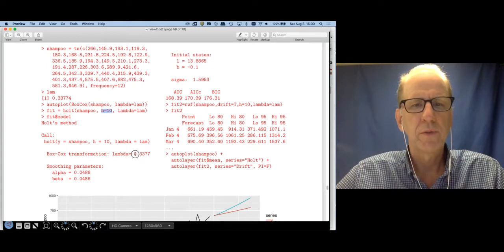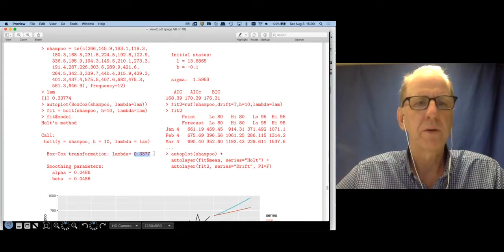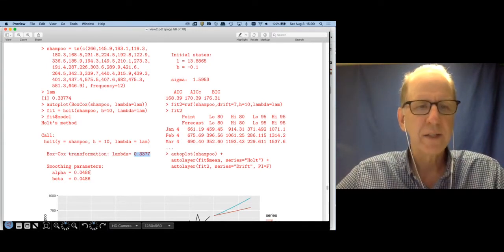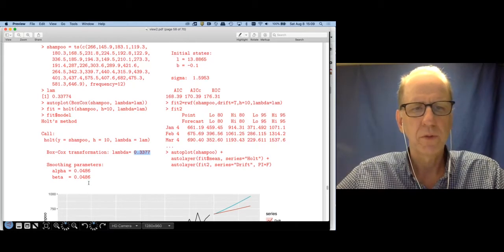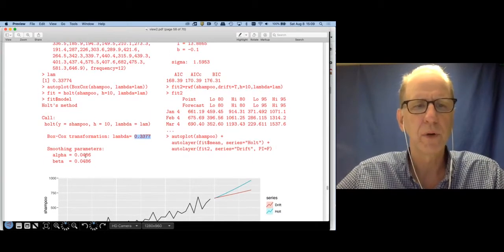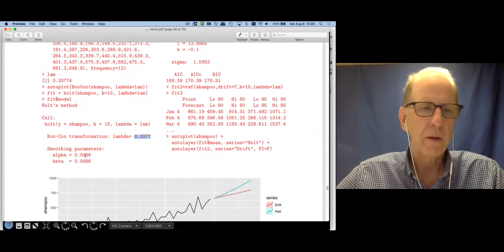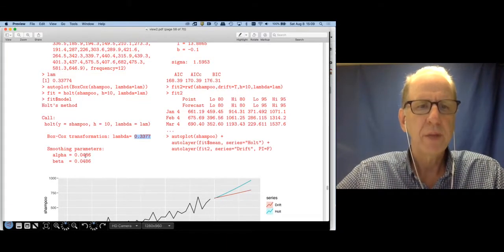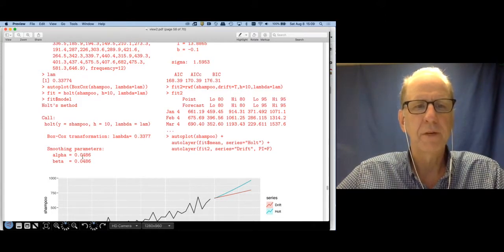So you're going to see we've got our Box-Cox value. Here are the estimated smoothing parameters. When I see these smoothing parameters, what's notable is how small they are. And what that tells me is there's not a lot of change in, for example, the slope.